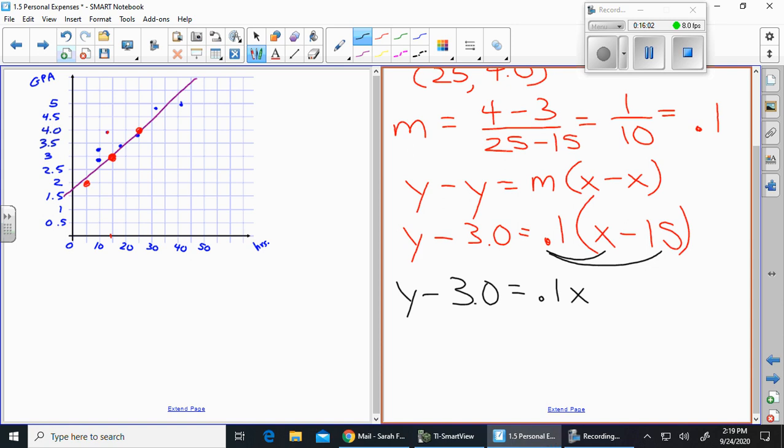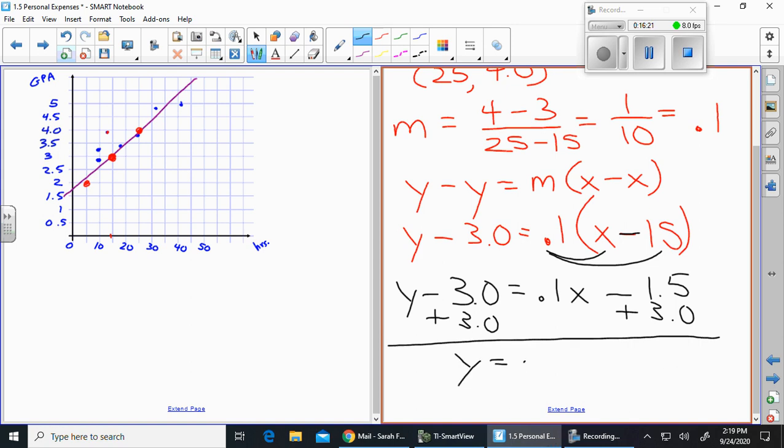And if I take 0.1 times 15, so I'm distributing, I get minus, because that's negative, 1.5. Add 3, and that gets added to the 1.5 that's negative. And if you do negative 1.5 plus 3.0, you get positive 1.5. There is your line of best fit equation.